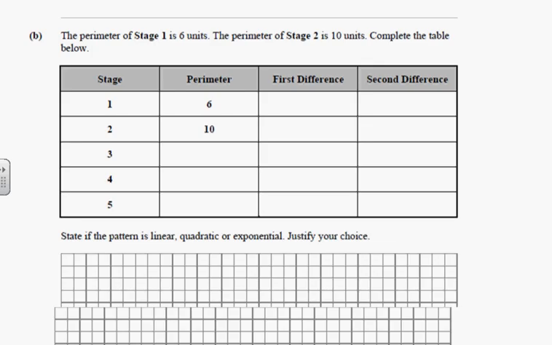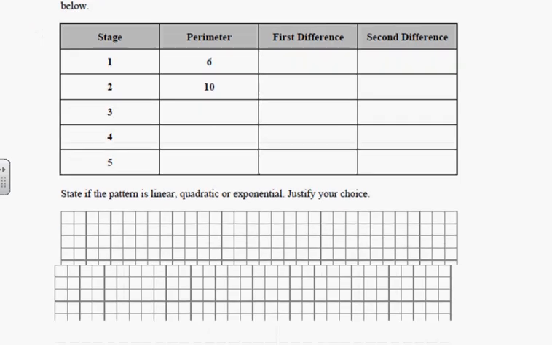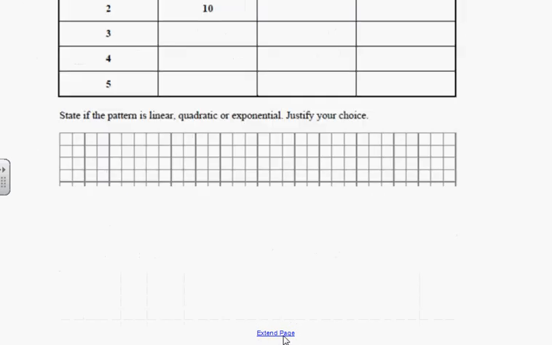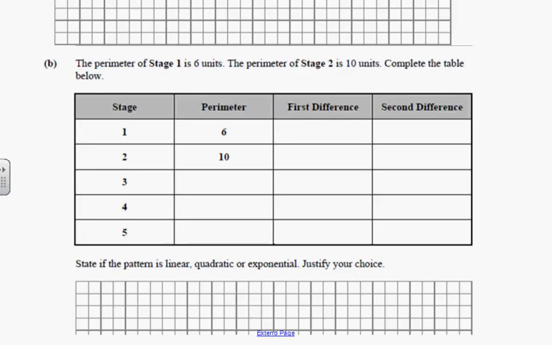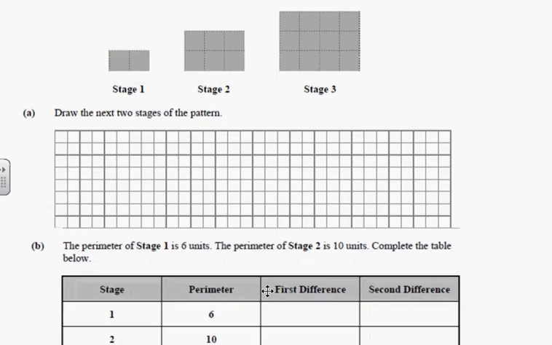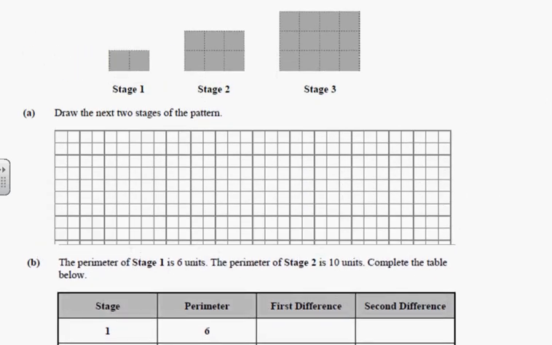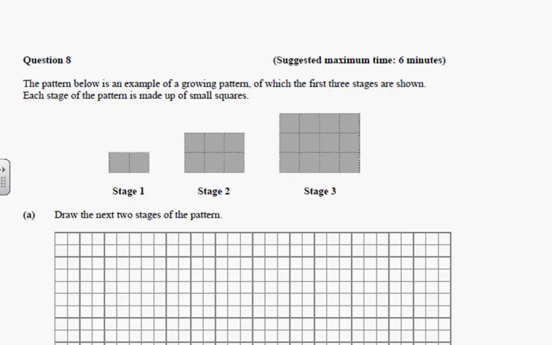The perimeter of stage... is this part B? That's part B of question 8. But we're missing part 1, right? That's it there, is it? Okay, now this is an interesting one. This is a hard one to see.